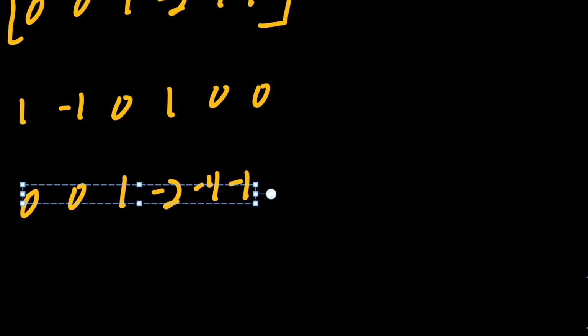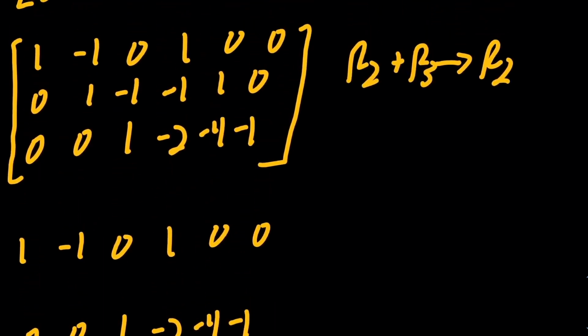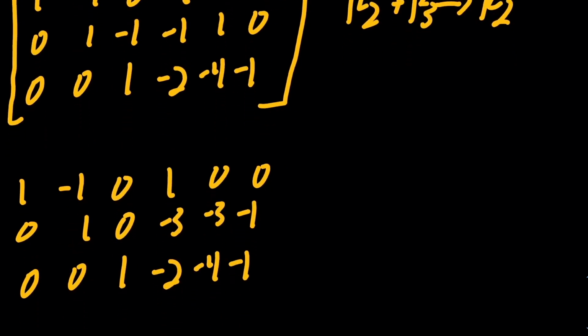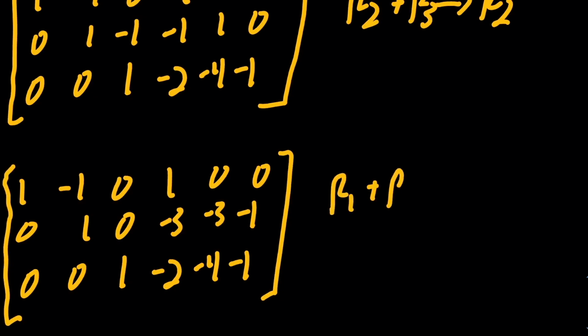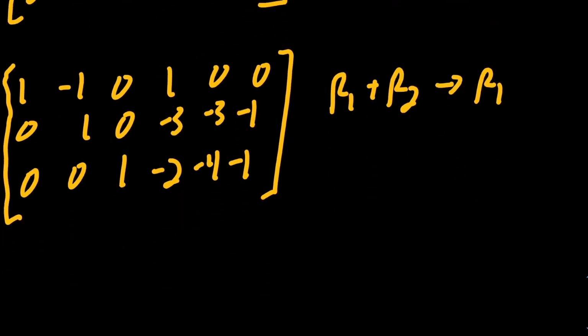And we can concentrate our thinking to row 2. So we are left with 0, 1, 0, and -3, -3, and -1. Okay. And the next step will be our last elementary matrix operation, where we just add rows 1 and 2 and move the difference or sum to row 1.